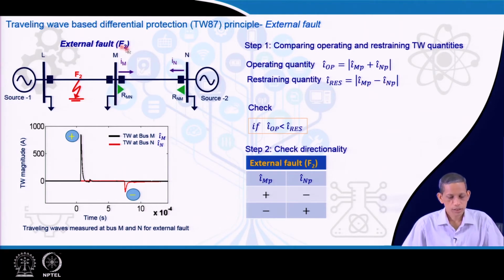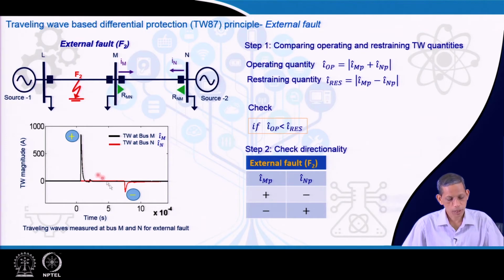So, for external fault you can see that this I m p and this first peak at the m end, the black one is m end and the red one is n end. You see here this is positive and this is negative. So, this plus this will be less as compared to the I restraining, this minus this.